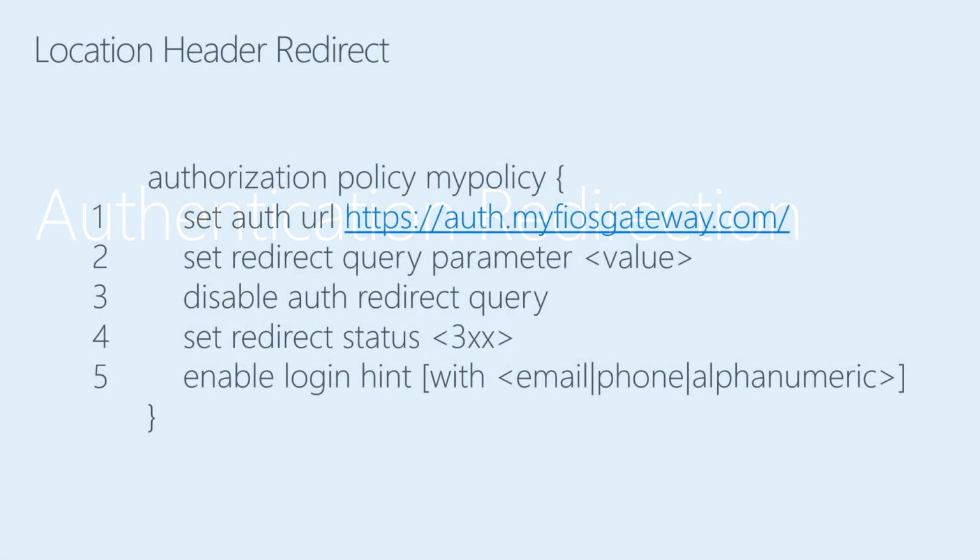Authentication redirections, interesting topic. By default, when a token is not found, if you have the set auth URL directive, that line number one, you will be redirected there via location header redirect.